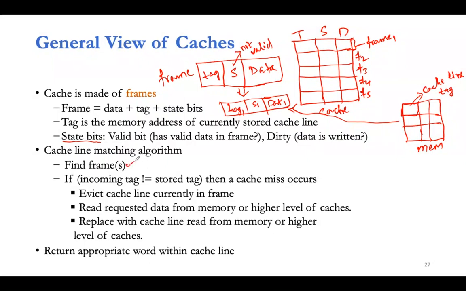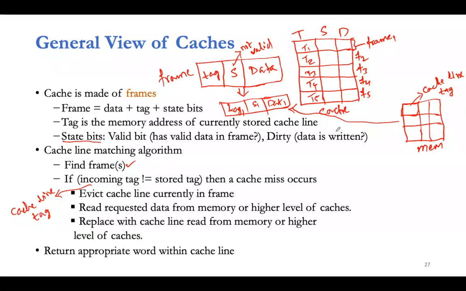To find a frame in the cache, if the incoming tag, that is the referenced address, is not equal to the stored tags, say tag 1, tag 2, tag 3, tag 4 and tag 5, then a cache miss occurs.